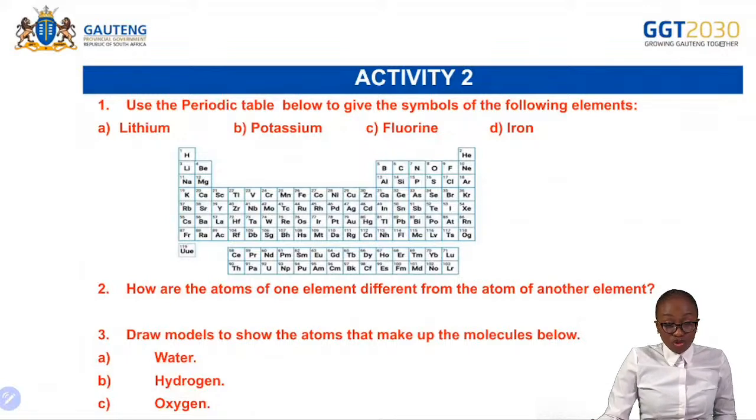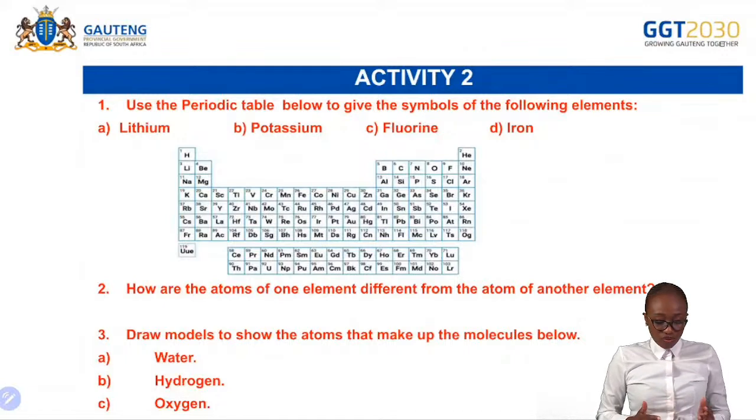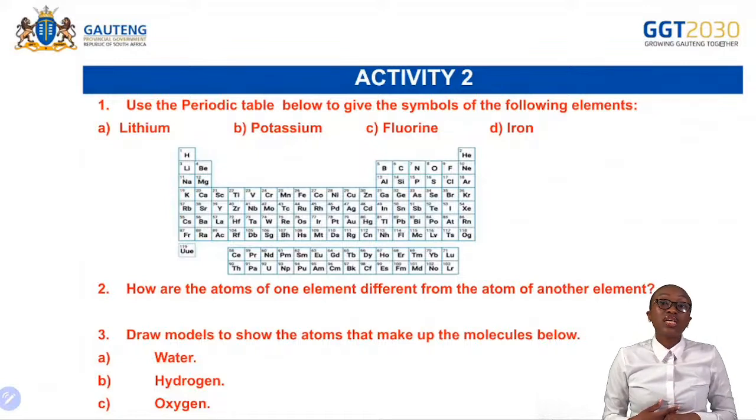Number 3. You need to get your pencils here. Draw models to show the atoms that make up the molecules below: water, hydrogen, and oxygen. I'm going to give you 5 minutes to do this activity, and then after 5 minutes, we will do the corrections together. See you after 5 minutes.